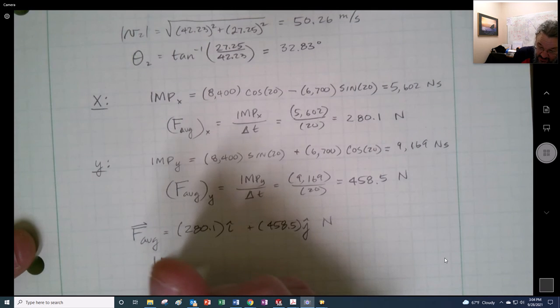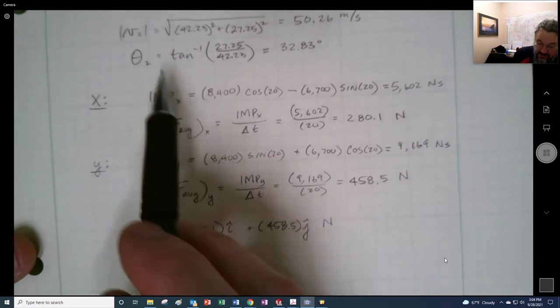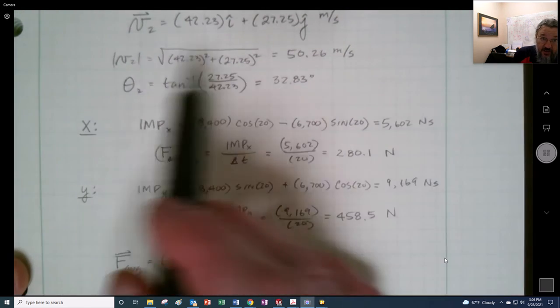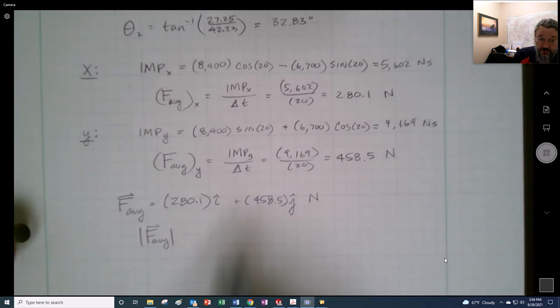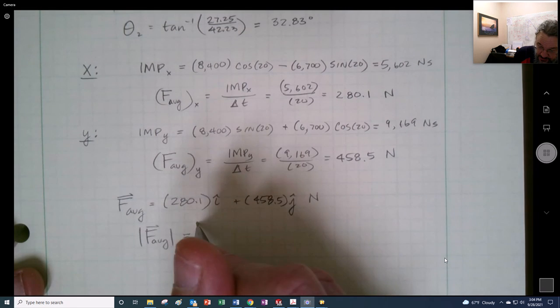But it'd be nice to have it as, because we're going to give the velocity answer in terms of a magnitude and direction, we have to do it also with the force.